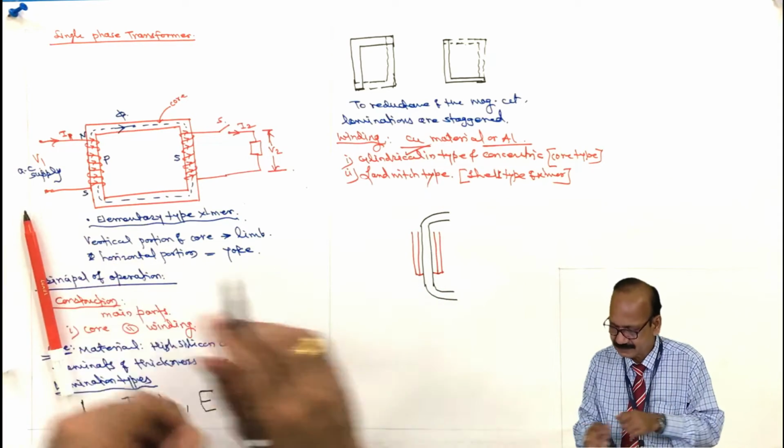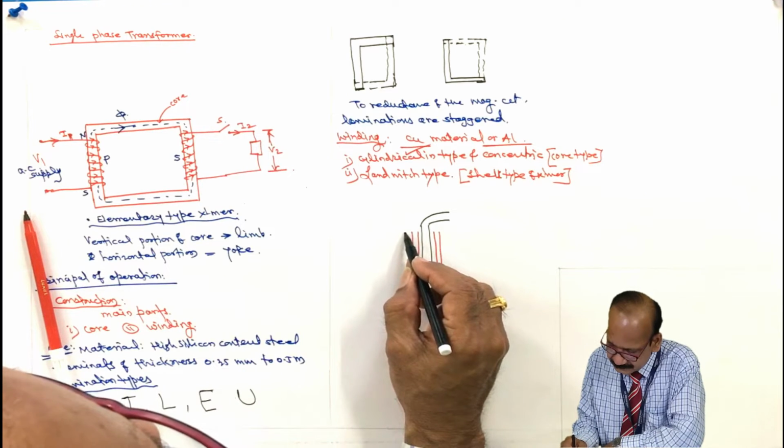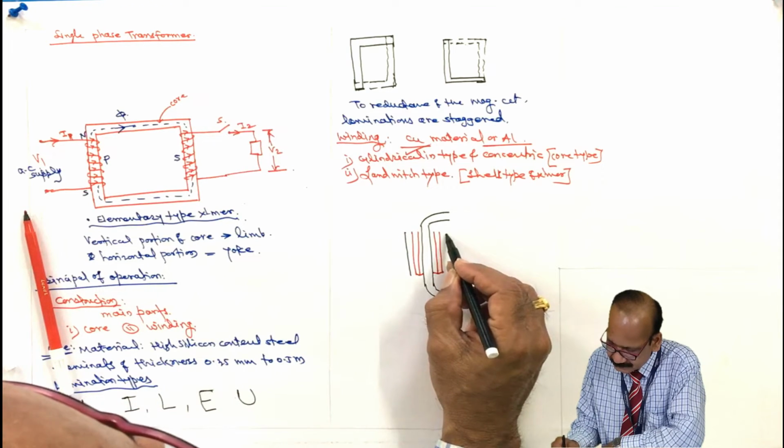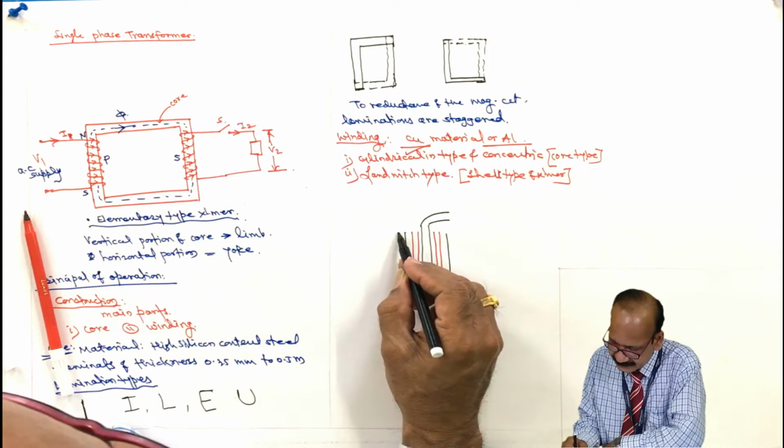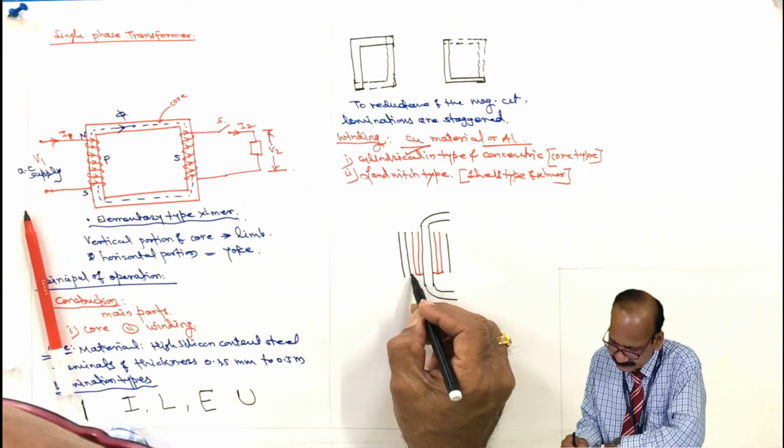Then once again insulation, and this is the winding.